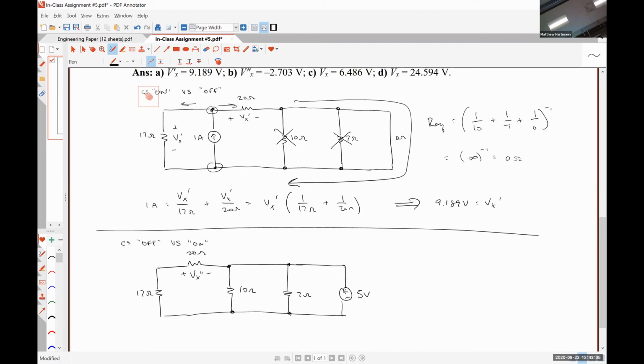Right, which is the voltage drop over the 20 ohm resistor. So if I combine those two parallel resistances, how does that help me? So let me explain what I mean by that. All right. So we have this top node.